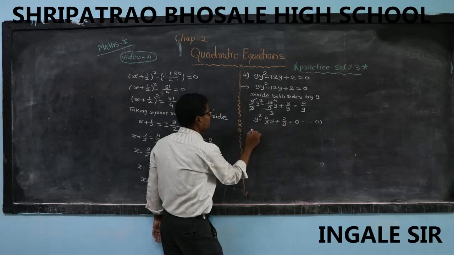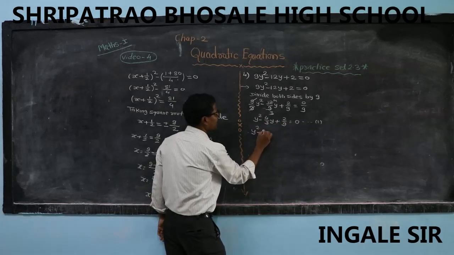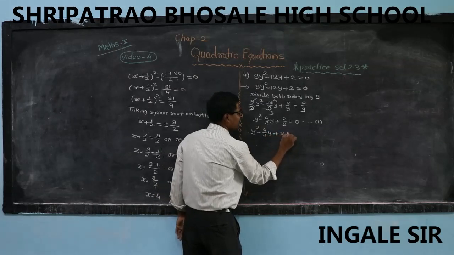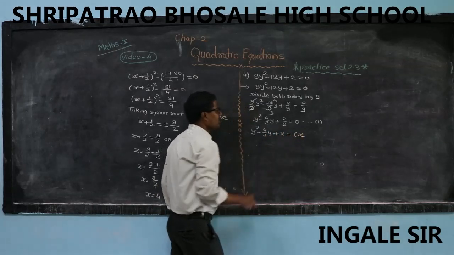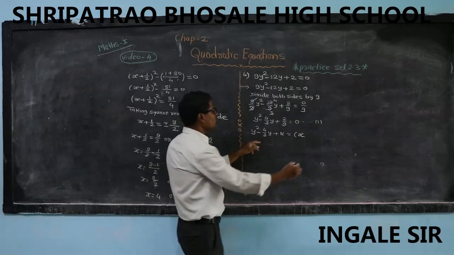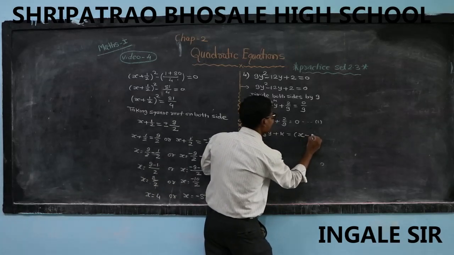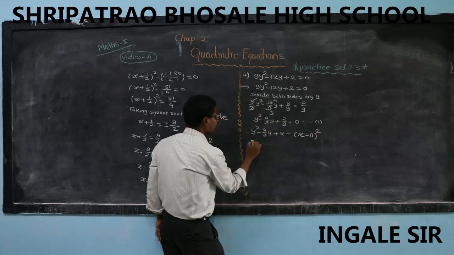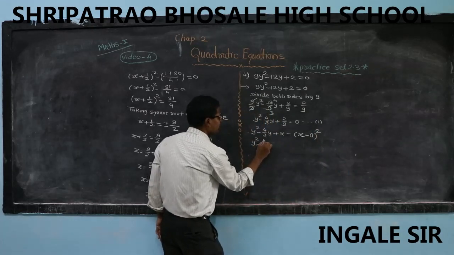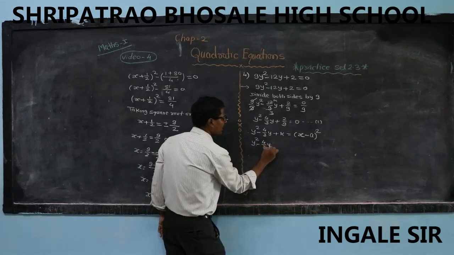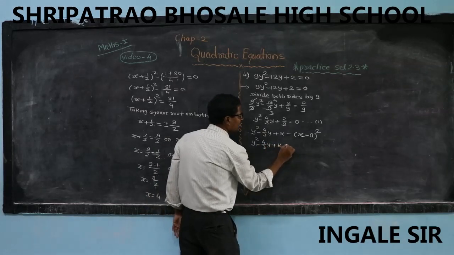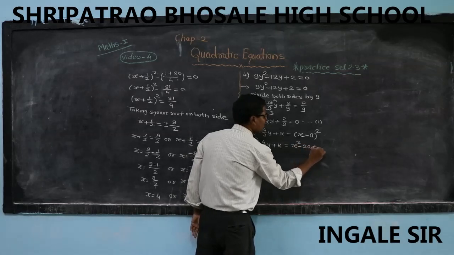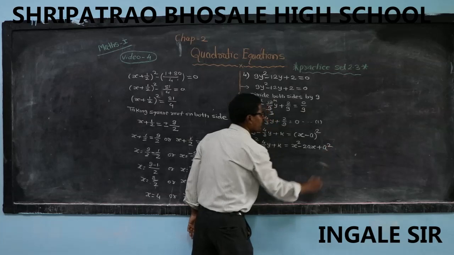Now convert the equation: y square minus 4 by 3 y plus a is equal to (y minus x) bracket square. Here the middle term is negative, so we take the minus sign inside the bracket square. Now solve: y square minus 4 by 3 y plus a is equal to x square minus 2ax plus a square.